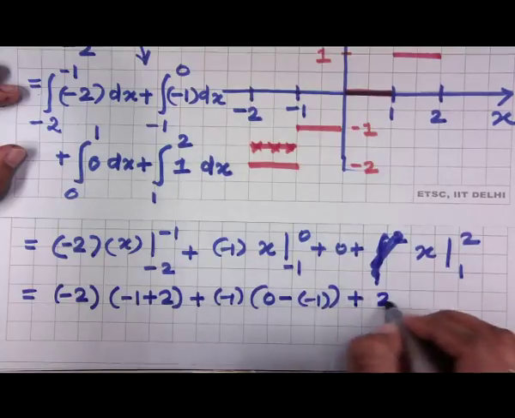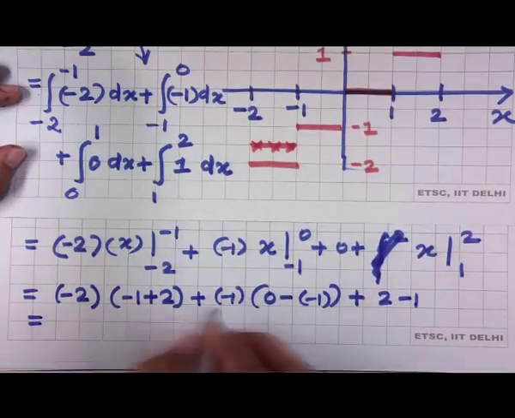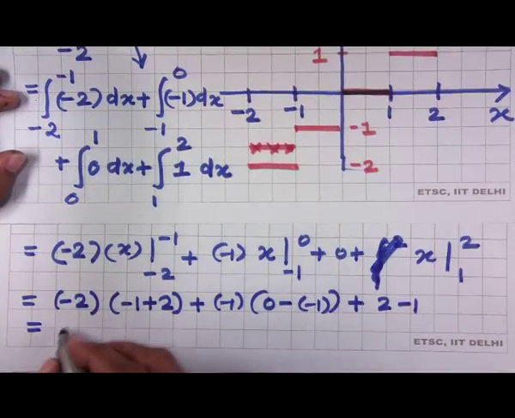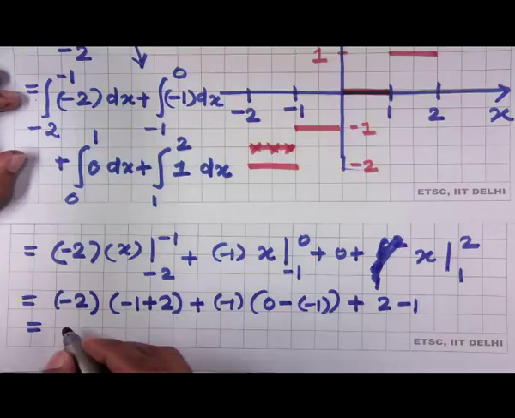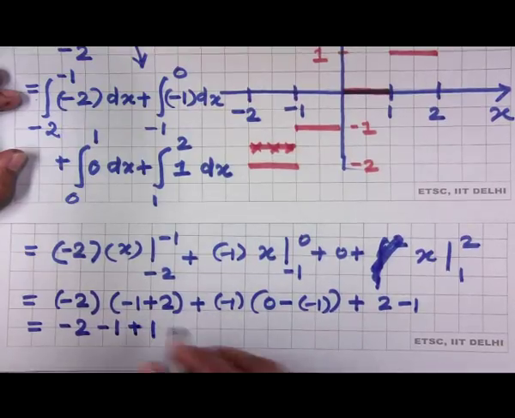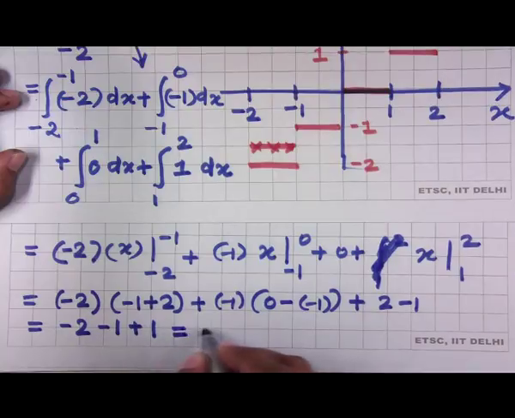We are applying the formula of definite integral, fundamental theorem of calculus 2. So we get minus 2, here we get minus 1 and then 1. So the value is minus 2.